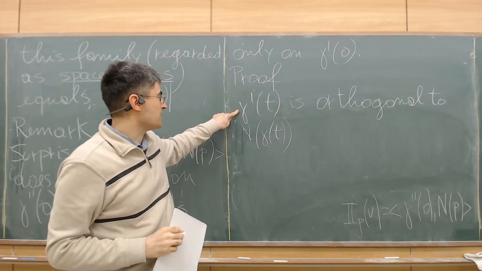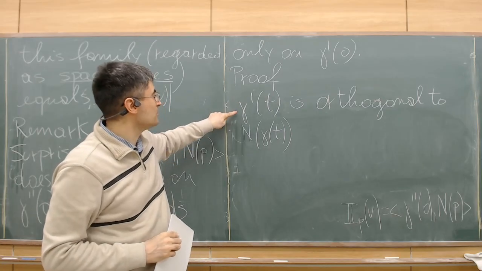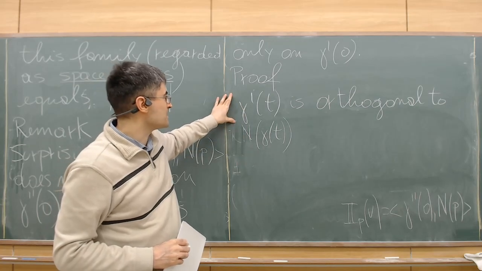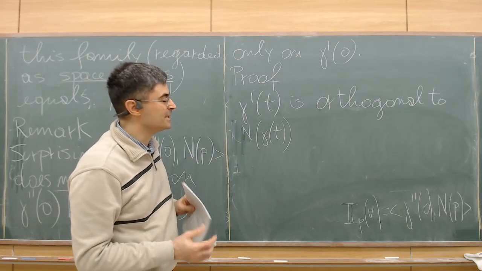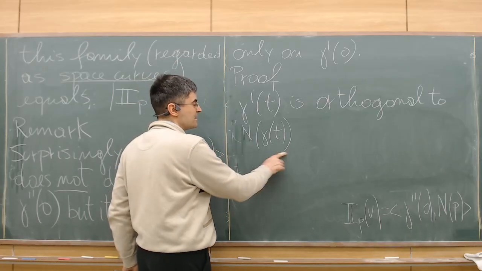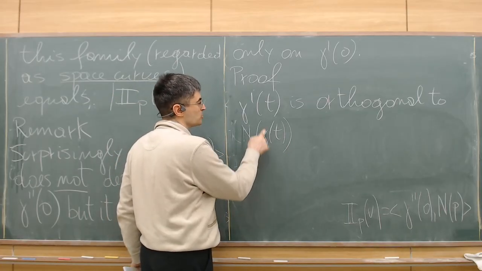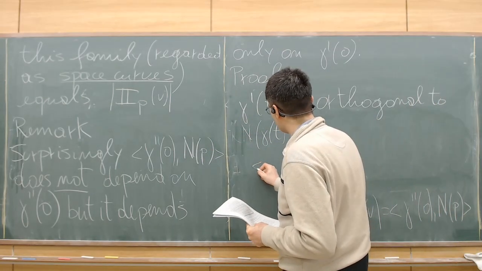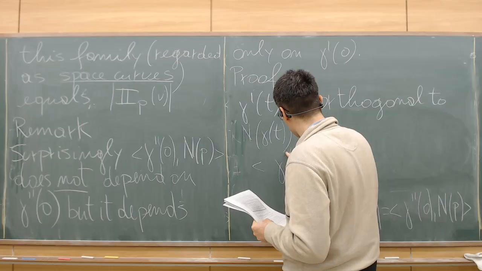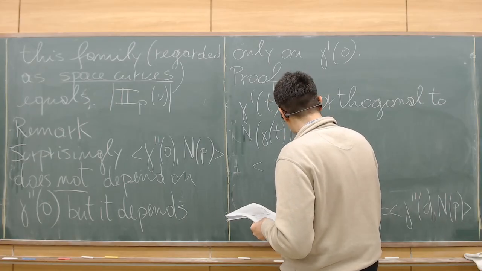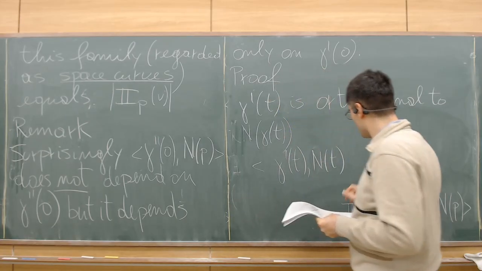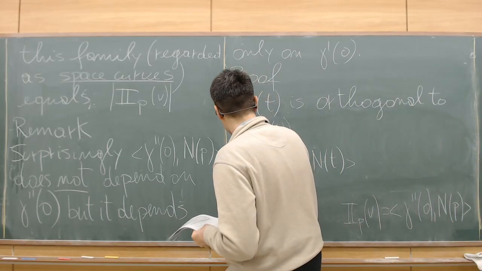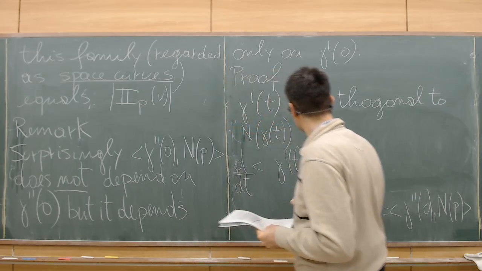Why? Because this is the derivative of the parameterization of a curve on the surface S. So this is a vector of T_gamma(t) S. Instead, this is a normal vector, so this is always orthogonal to this one. Consequently, if I take this product, this is always 0. This means that also this derivative is 0.